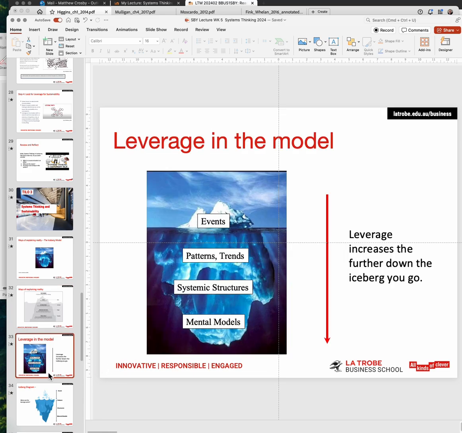It's important to realise that the deeper under the water you go, the easier it becomes to understand where to implement your leverage. And so I guess that's the relationship to sustainability, because with sustainability, it gets a bit depressing at times because we want to be able to solve what?